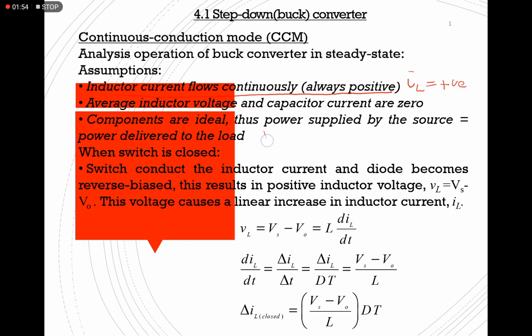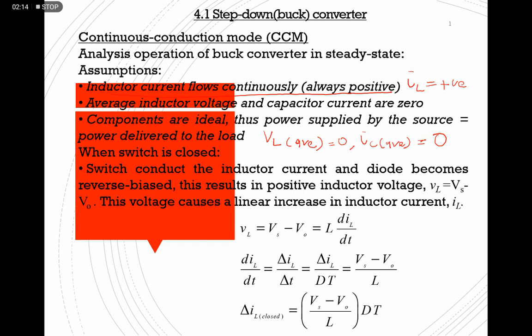So average VL equals 0, and also average capacitor current equals 0. Okay, so we have these two assumptions.